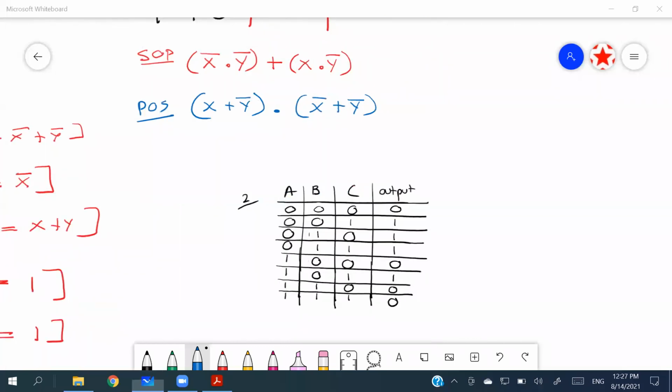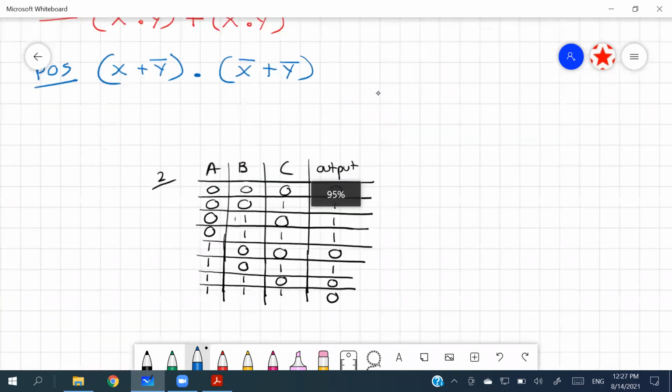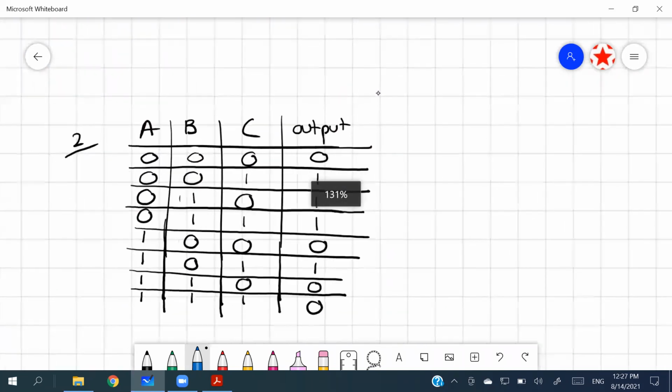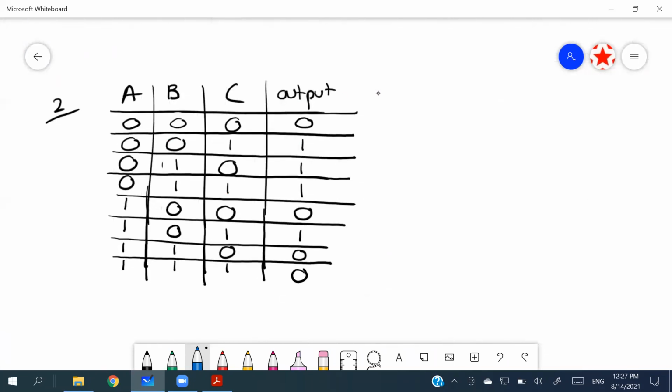I'm moving to the second one. Right? So the second one, this contains, and I'll make it a little bit bigger so I can write it easily and you can see that as well. Right?